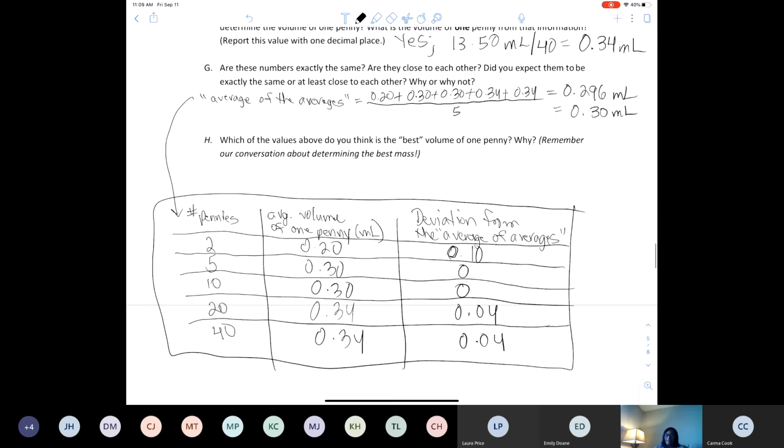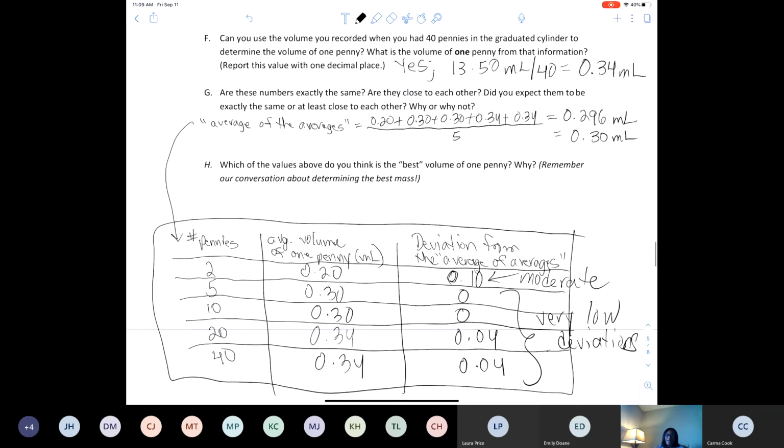And you can see that these are very low deviations, where this one is a moderate. So the 2 penny set is a nice deviation from the average, but the others have very, very low deviations from the average of averages.